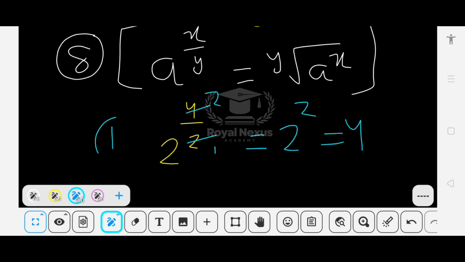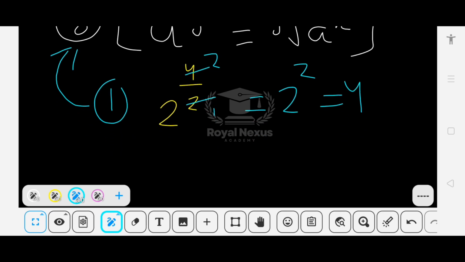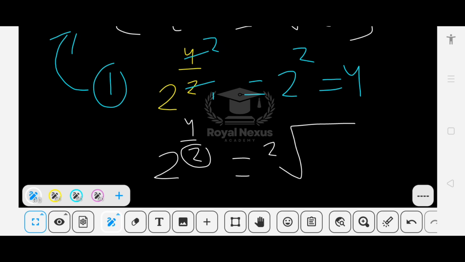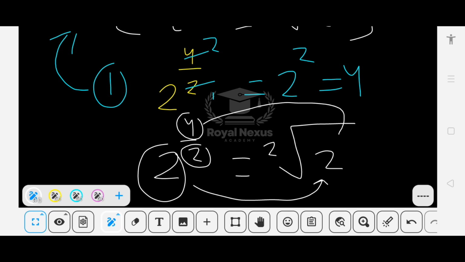The second way is we can use this law to solve this question. As per this law, the question is 2 raised to the power 4 upon 2, which means that this 2 will go outside the root over here. This 2 will come inside like this, and this power will be on this 2, that is 4.